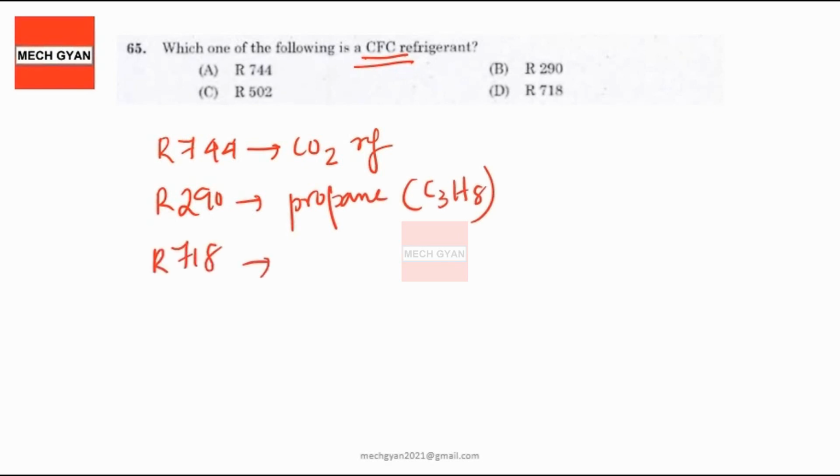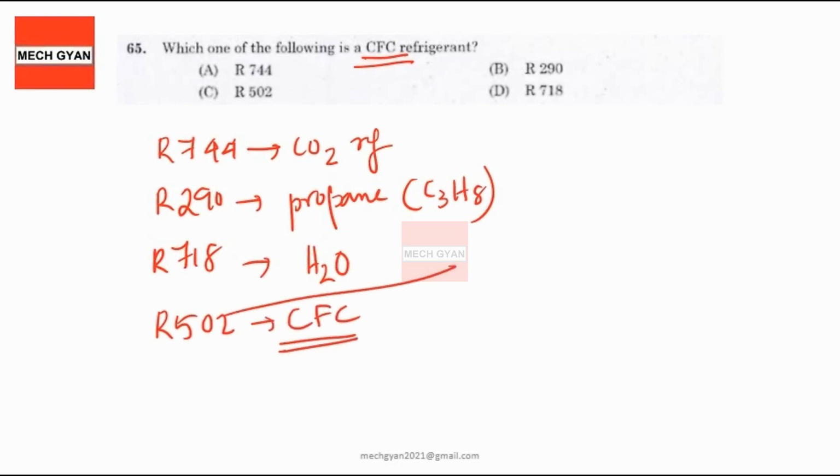R718 is water, H2O, which is used as a refrigerant. And our answer is R502. It's a chlorofluorocarbon, CFC refrigerant. So basically R502 is an azeotropic mixture of R22 and R152a.